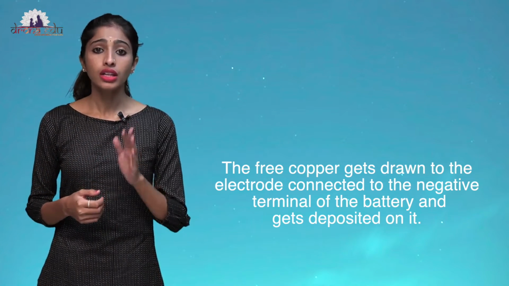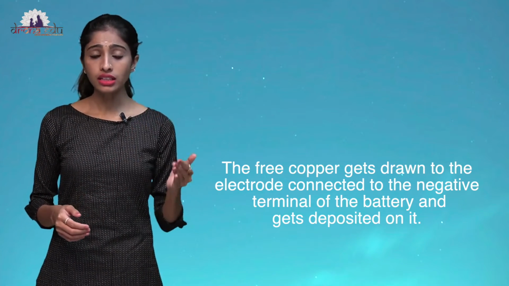Now what is happening to the other thing, sulphate? Sulphate is going to deposit on the positive terminal of the battery. I repeat, when you conduct this experiment, copper sulphate becomes copper and sulphate.